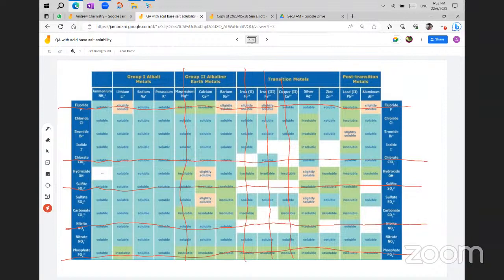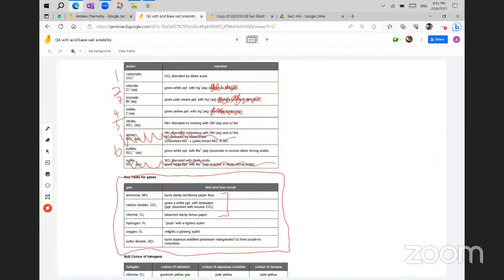Let me show you why barium sulfate is important. Look at this. Do you see? It gives off a precipitate, because sulfate needs barium 2 plus, just like what you memorized just now.